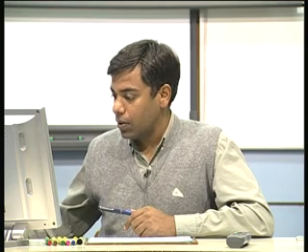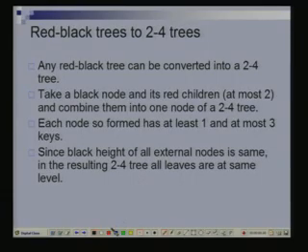Is this clear to everyone? Let us see. So, what am I saying? We have a black node and we look at its red children.